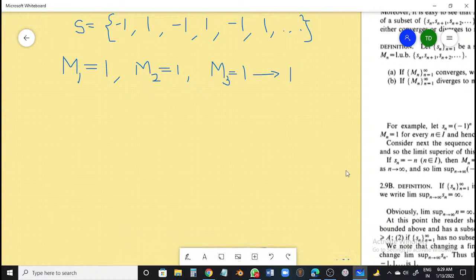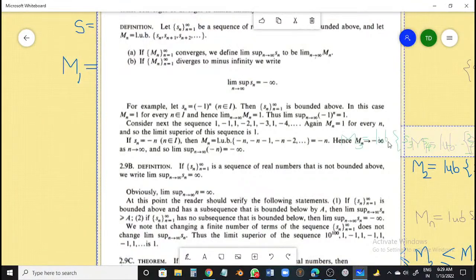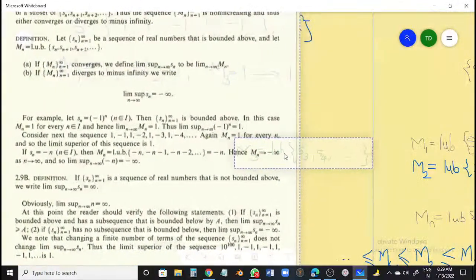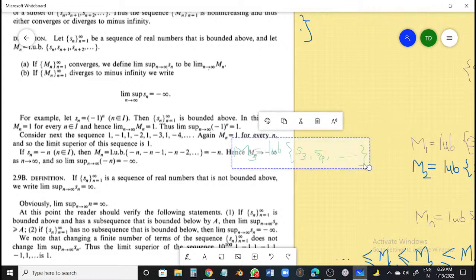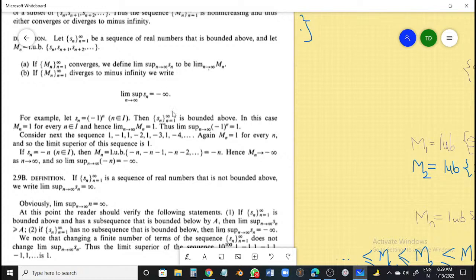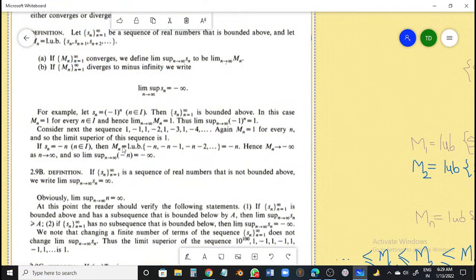I suppose the thing is quite clear. In this case the sequence is bounded above, and it converges to the same limit. So the limit of Mn is 1, and the limit superior is also 1.